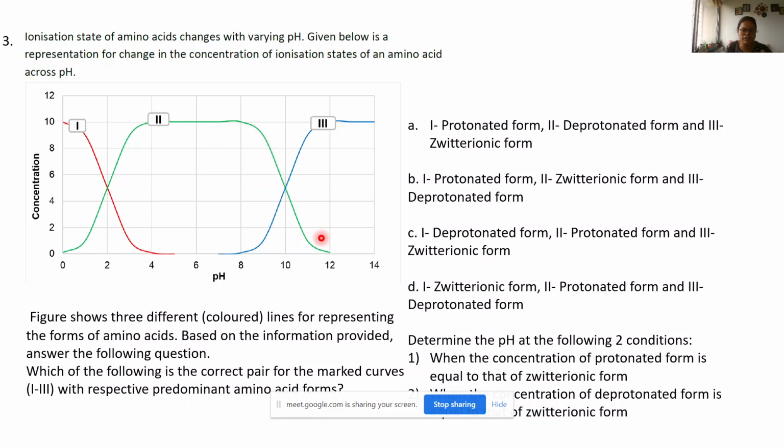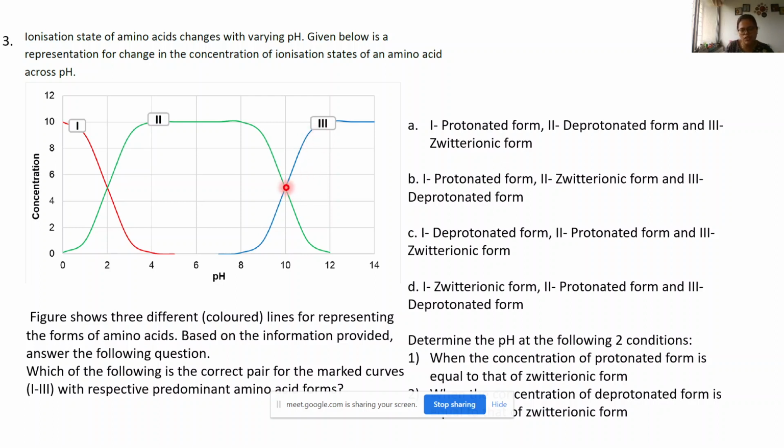After that, the concentration of zwitterionic form will decrease, and eventually the concentration of deprotonated form will increase.